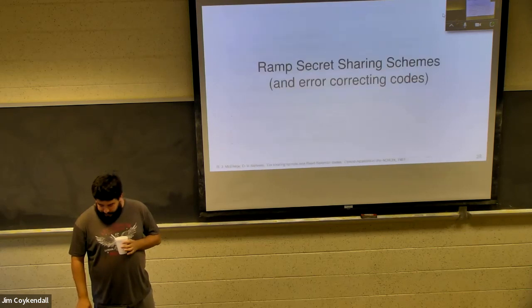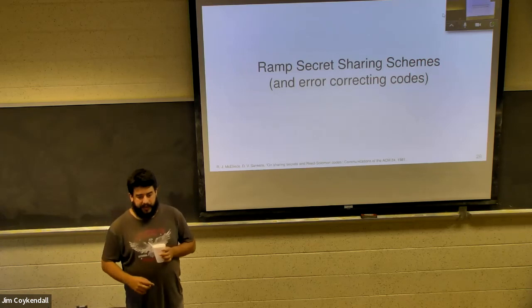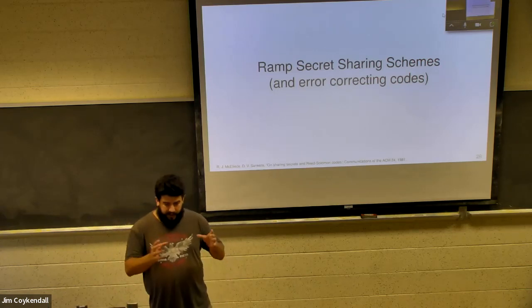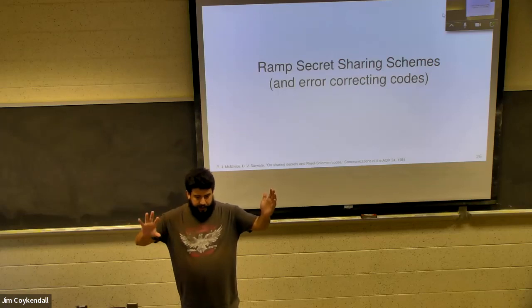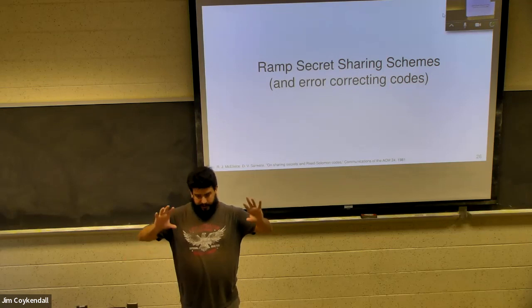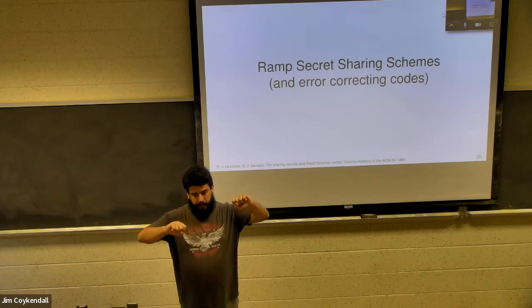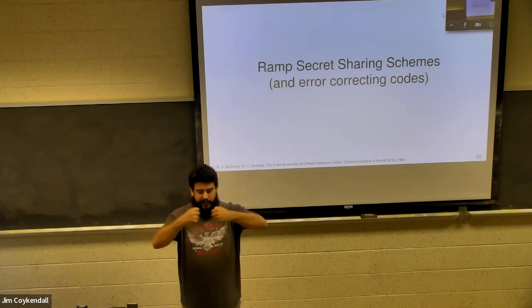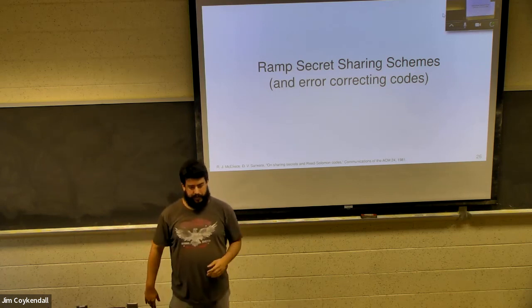And the first paper that makes the connection between them is in '81. So they sort of went in parallel ways. You had this error correction literature, and then secret sharing appears out of nowhere, and they start using it for stuff. And then later they make the connection that these two things are related in some way. And nowadays you have even stronger connections. There are things that you do in coding theory that relate to secret sharing results.